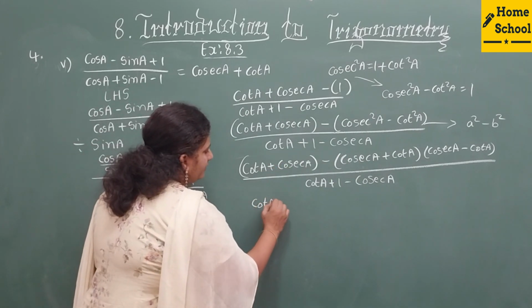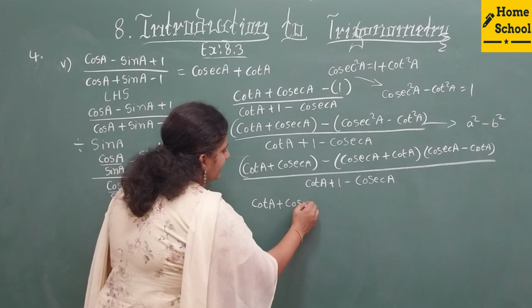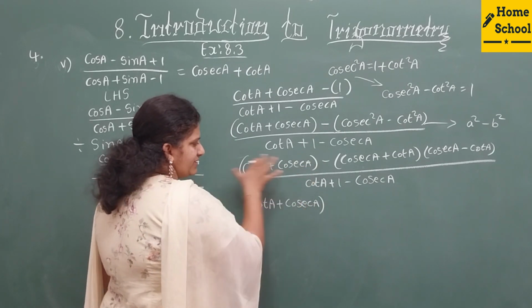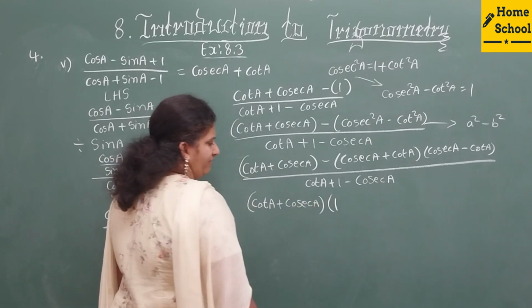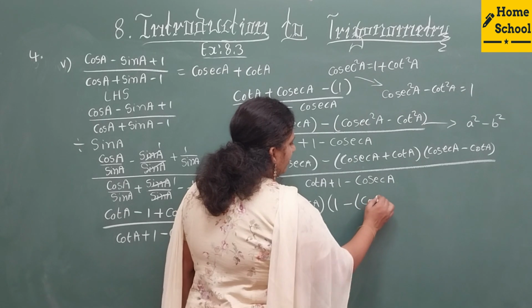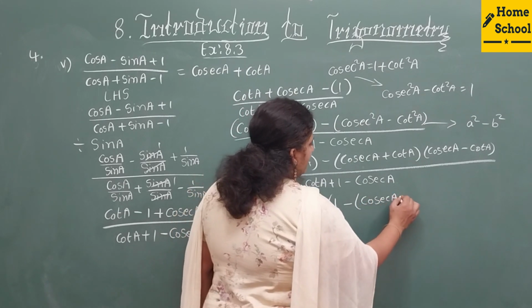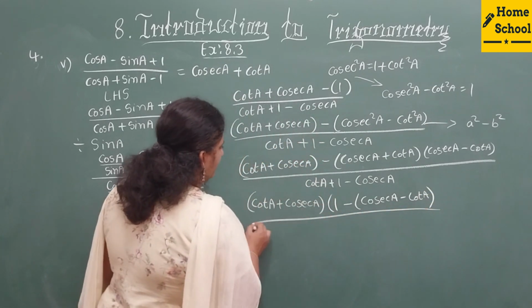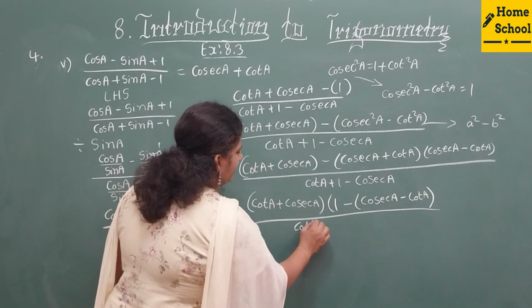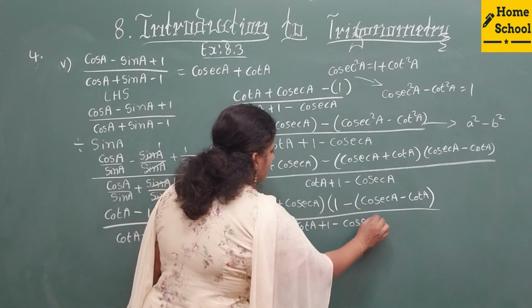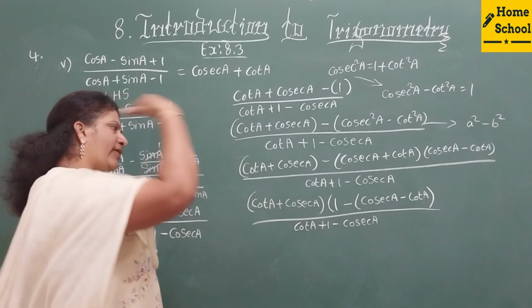Cot A plus cosecant A, take out common. So here if I take the full set common, 1 will be left minus, what is left there with a bracket you take? Cosecant A minus cot A, by cot A plus 1 minus cosecant A. Okay, now remove brackets there.